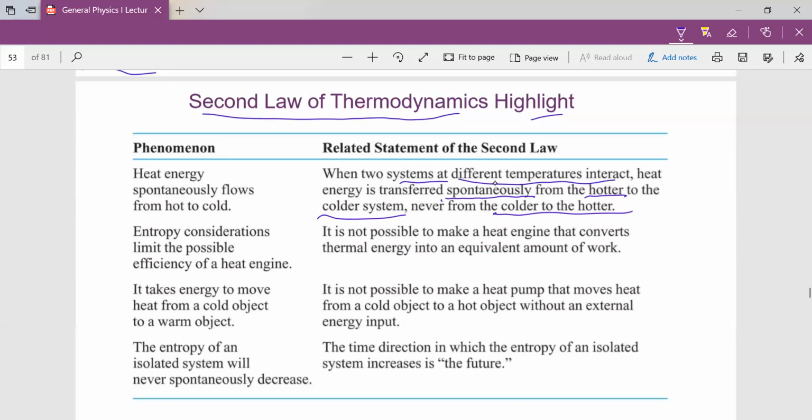So we'll look at the second scenario. Entropy consideration limits the possible efficiency of a heat engine. When we discussed heat engines last time, we mentioned that the total heat energy in that system cannot be used to produce work.